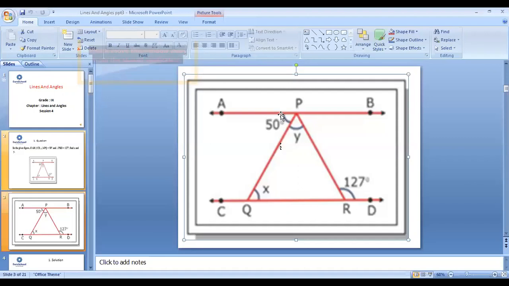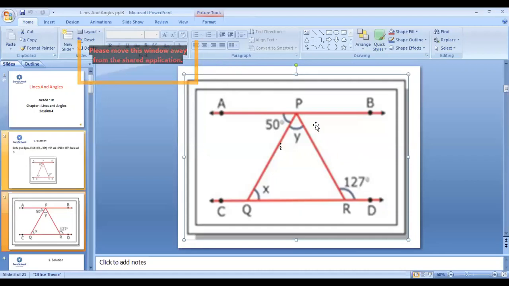Here 50 plus Y is equal to 127. That is, angle APR is equal to angle PRY. The reason is alternate interior angles are equal. Got it, children? Yes, ma'am.